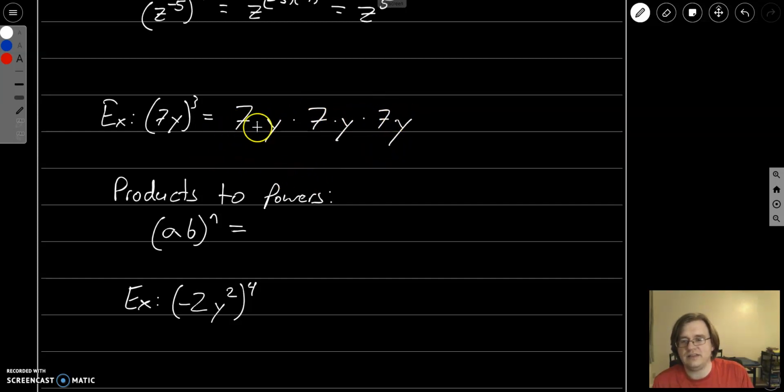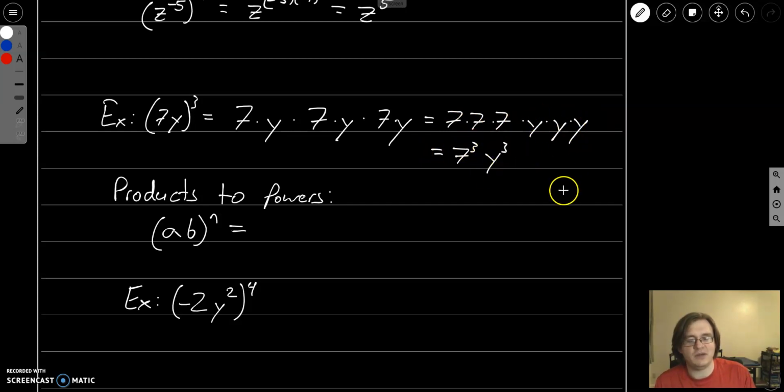So I've got 7y times 7y times 7y, and because we're only multiplying, and multiplication doesn't matter what order I do it in, I'm going to move the 3 7's out to the front, and I'll move the 3 y's to the back. So now I've got 3 7's, this is 7 to the 3rd power, and I've got 3 y's, which is y to the 3rd power.